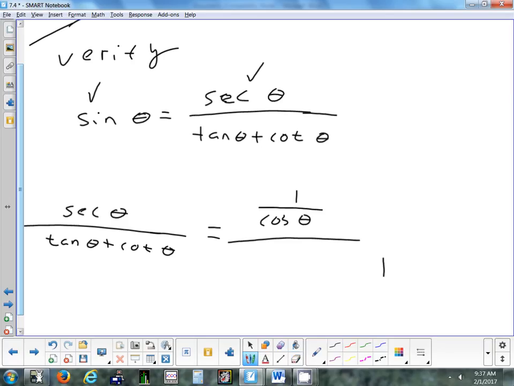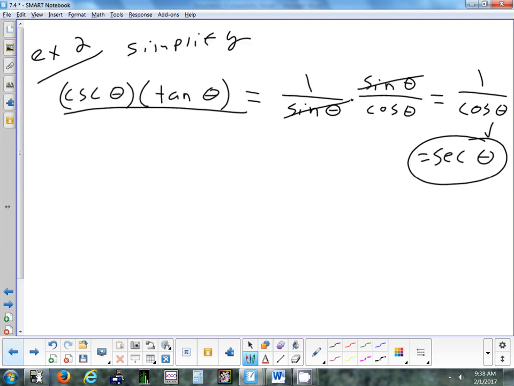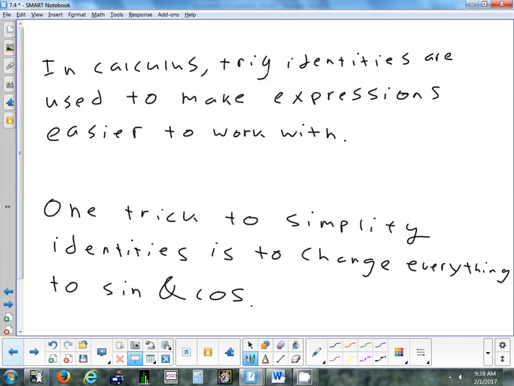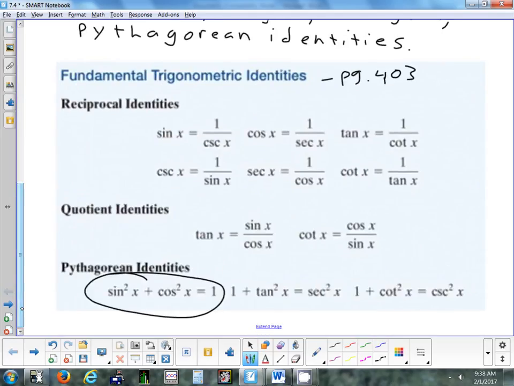Let me just think for 1 second about which way I think is better. If you did it as 1 over cotangent, then we could end up with, let's see, 1 plus cotangent squared. Is that a Pythagorean identity? Let's see. It is. 1 plus cotangent squared is cosecant squared. So that's one way I could do it.